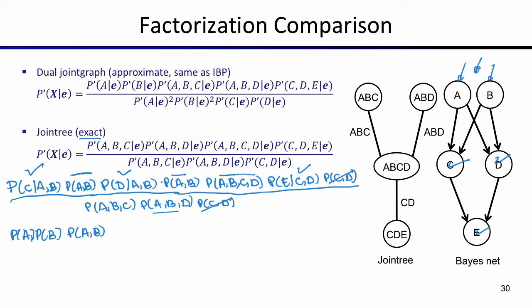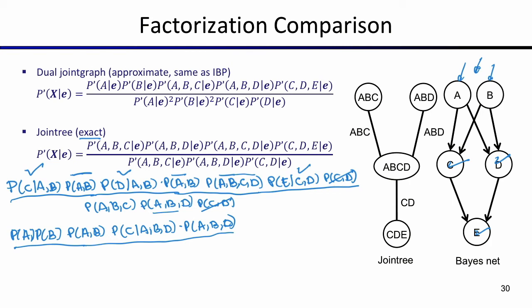So I can write this as, I want ABD, so it's going to be the probability of C given ABD times the probability of ABD. So I can cancel ABD. I have already explained the other terms, and this guy here I will cancel.